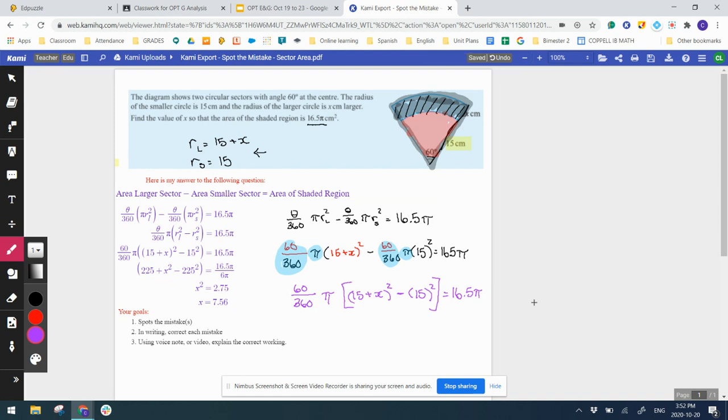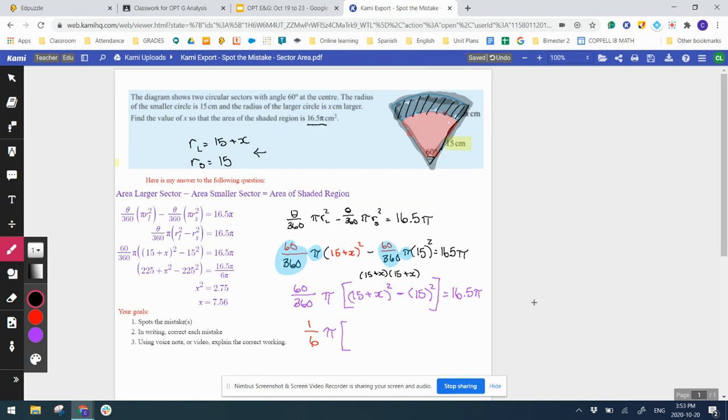So now I can simplify this fraction. 60 over 360 can be simplified to 1/6. We're going to keep the pi. And then I'm going to start expanding out what's in the bracket. Remember, 15 plus x squared means we have 15 plus x times 15 plus x.